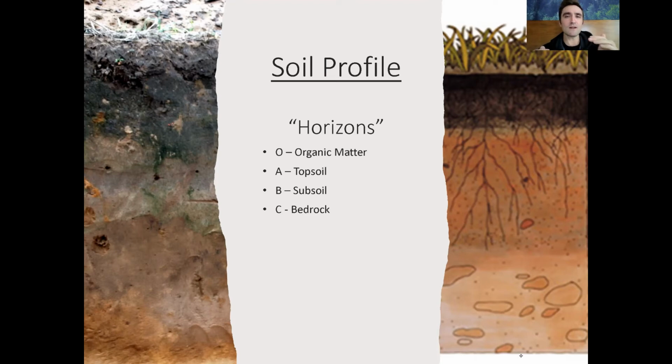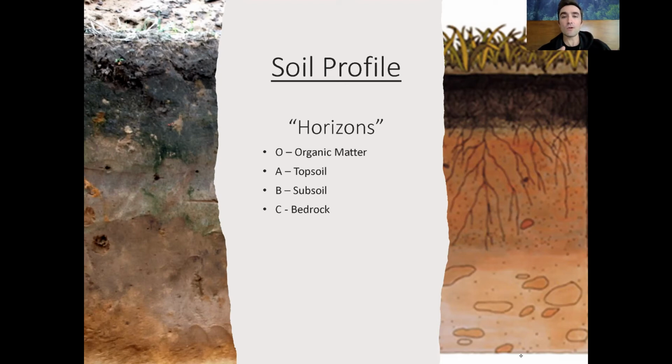You will get things that look like decomposed plant material in the form of compost. It's dark, moist, kind of fluffy, but there's usually not very much sand, silt, or clay in the O horizon.